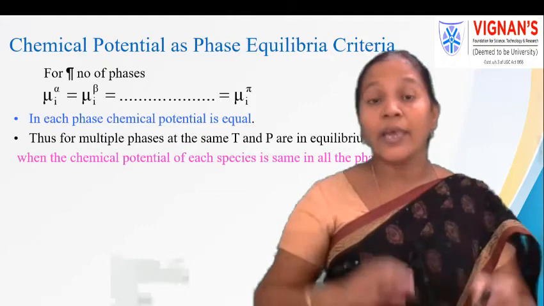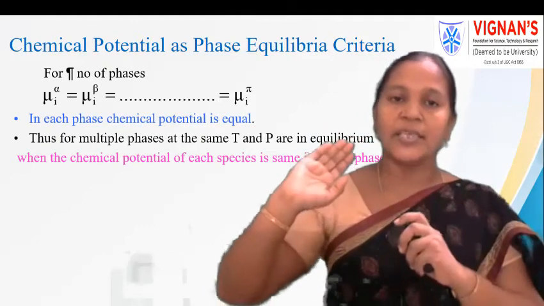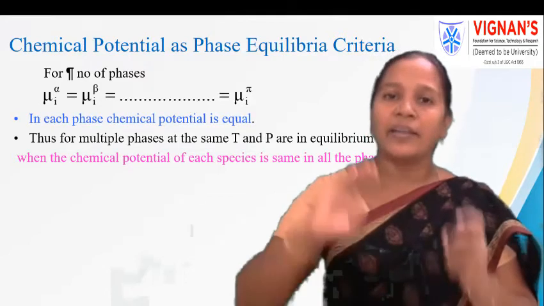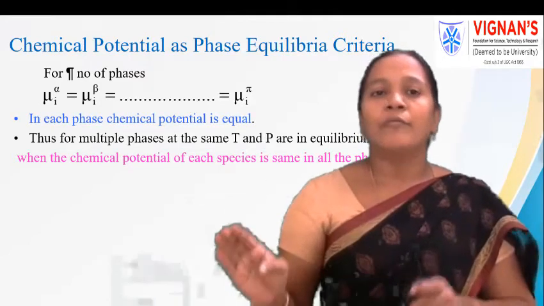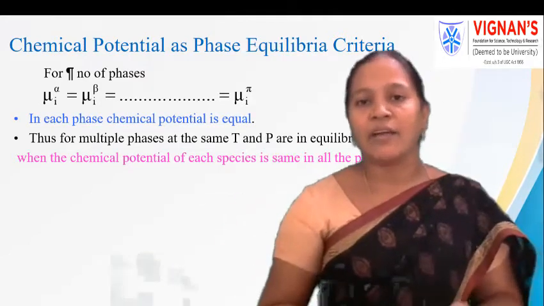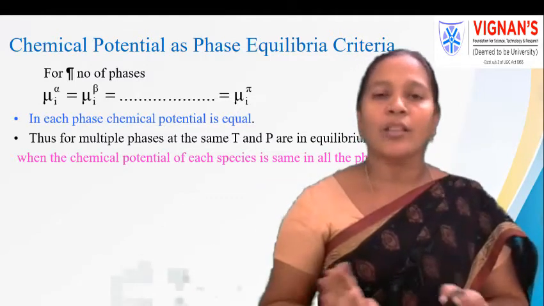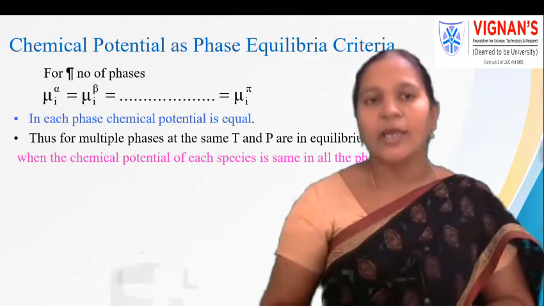Therefore, consider multiple phases, all at uniform temperature and pressure and in equilibrium, when the chemical potential of each species is the same in all the phases.